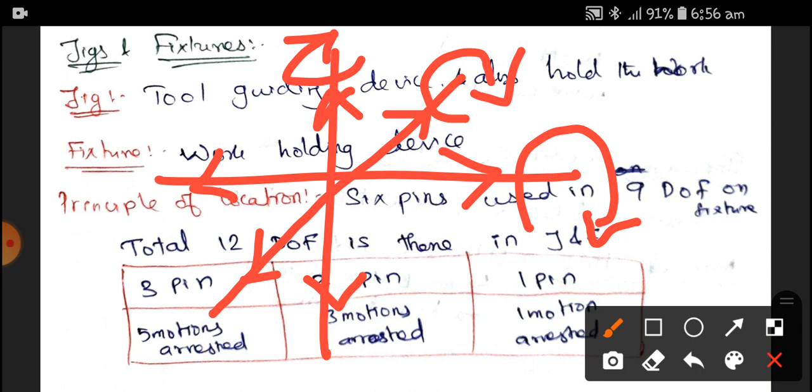So that is called 9 degrees of freedom. We have 6 linear and 3 rotary that can be arrested in the principle of location.